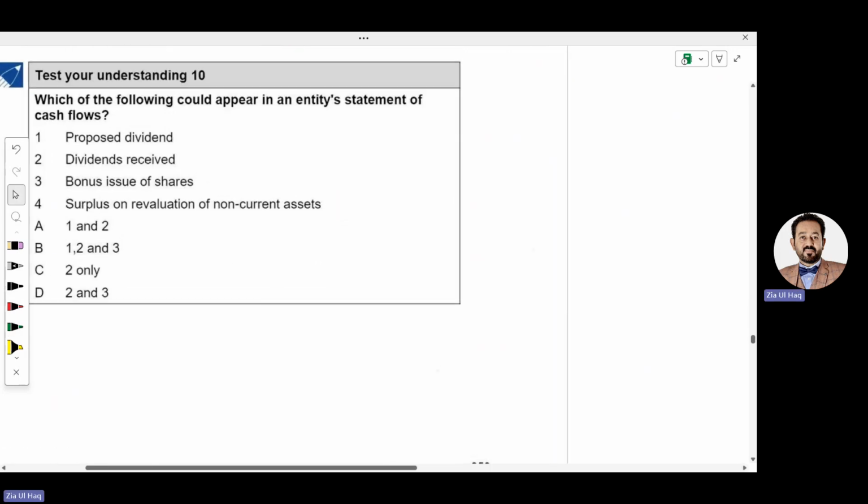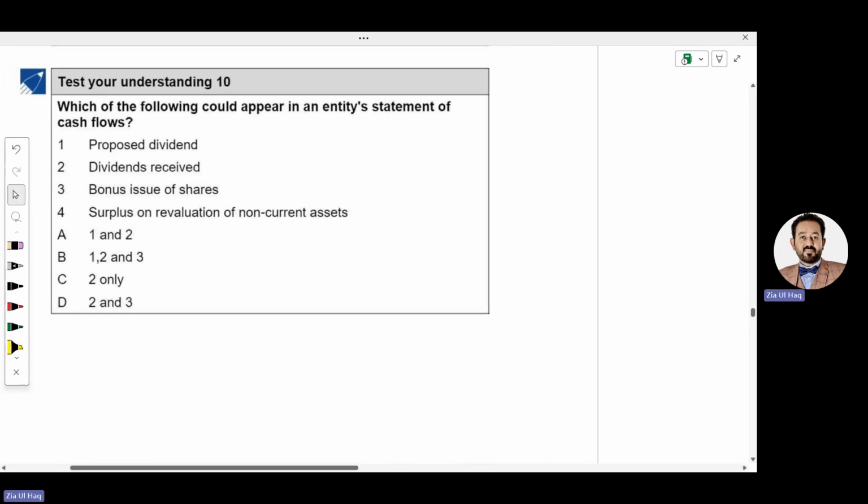Test your understanding 10. Which of the following could appear in an entity's statement of cash flow? Proposed dividend? No, dividend paid. Dividend received? Yes. Bonus issue of shares? In a bonus issue, there is no cash involved.